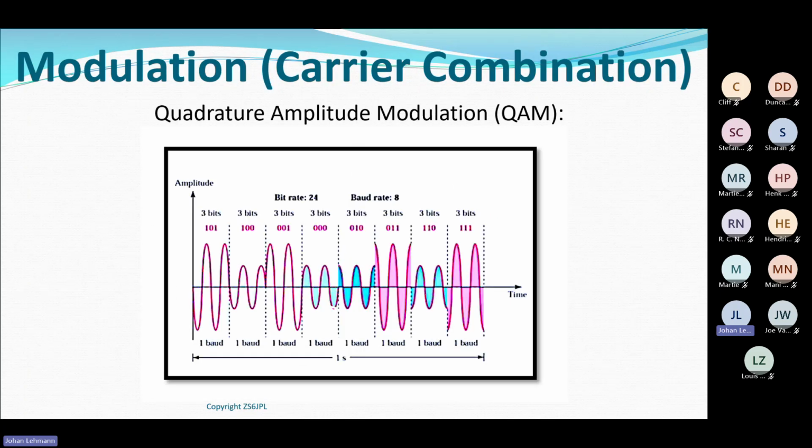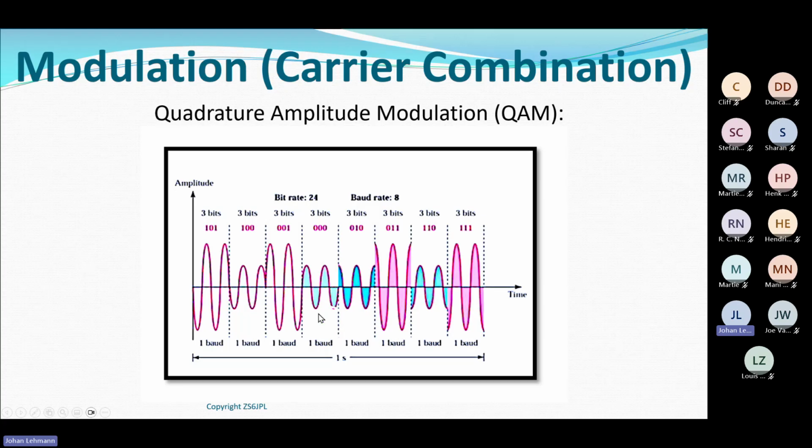Then the last one, we said a combination of all of them. Cell phones use a form of QAM. Your Wi-Fi uses a form of QAM. All that quadrature amplitude modulation means is I combine phase modulation with amplitude modulation.